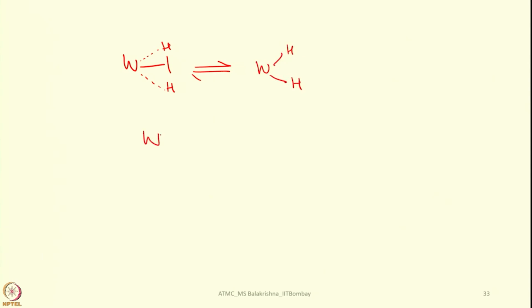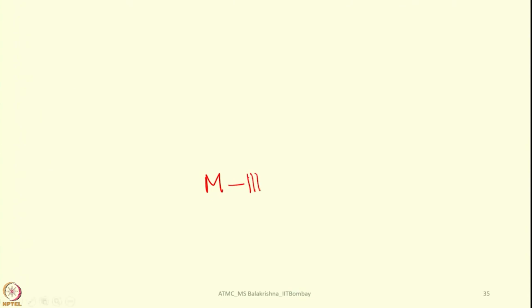And then if you take, say for example, a tungsten complex of your olefin, or we can make it very general here. Now, this can also be in equilibrium with something like this. Or if we take acetylene, something like this.